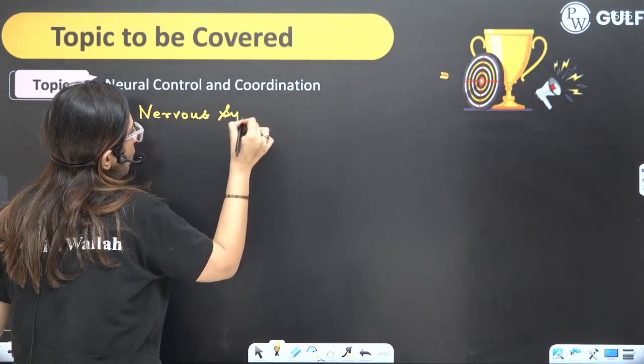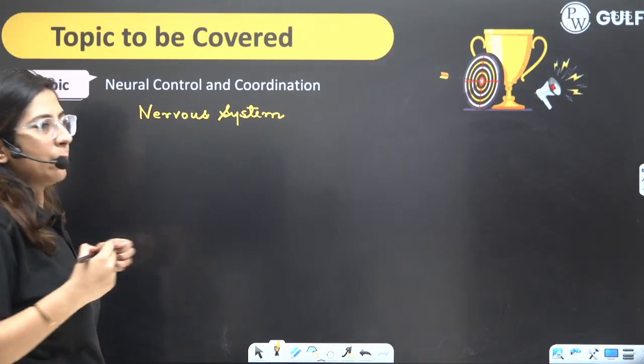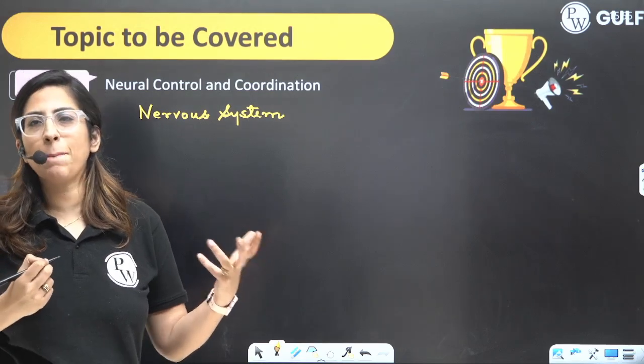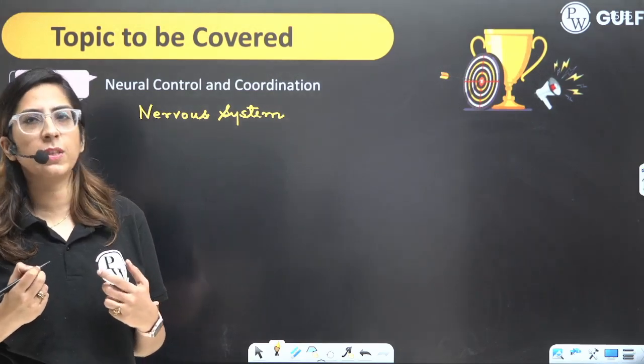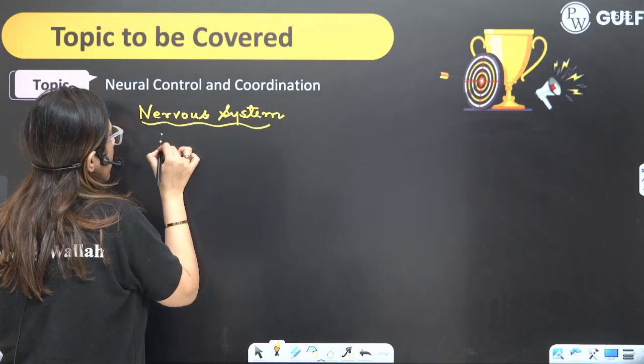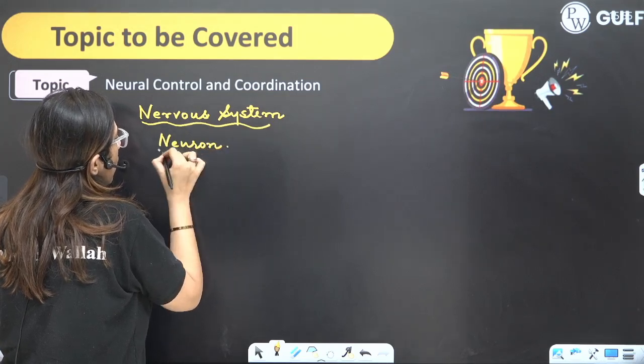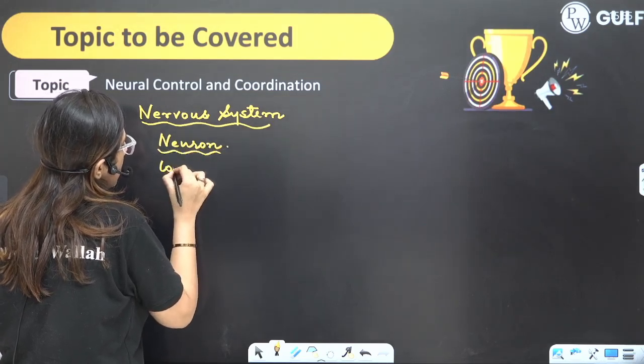In the nervous system, we have neurons, ganglia, the central nervous system, and the peripheral nervous system. Everything we will be discussing. Then I'll talk about the basic unit of our nervous system, the neuron: its structure and function. Then we will talk about the conduction of nerve impulse.